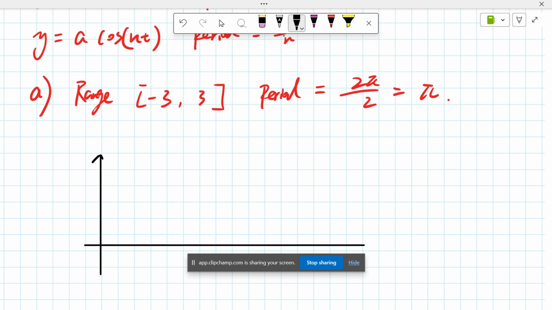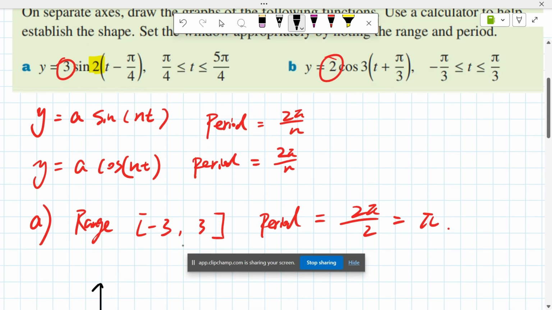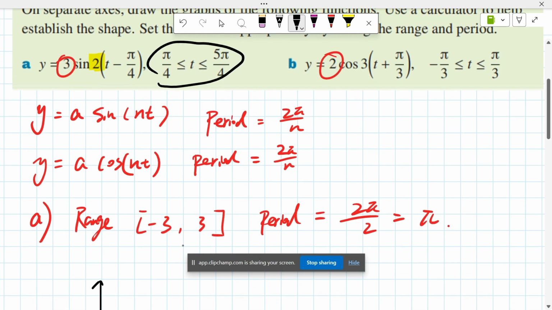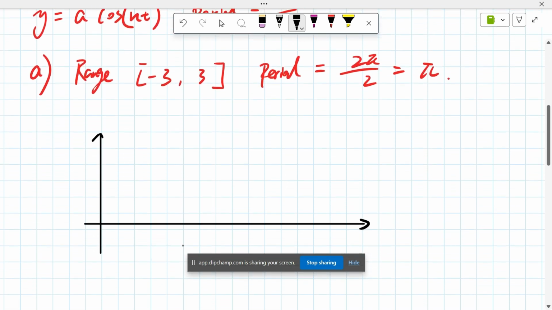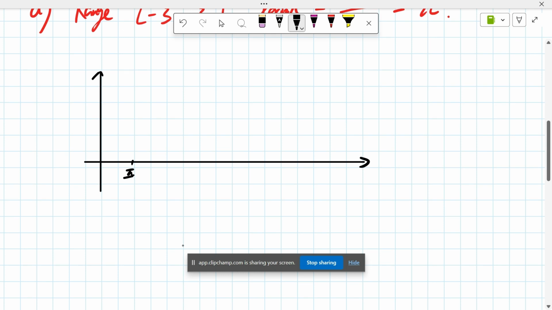Hopefully you understand what's going on. Because your t value is from pi on 4, you start from pi on 4, then half pi, then 3 pi on 4, then pi, and 5 pi on 4.